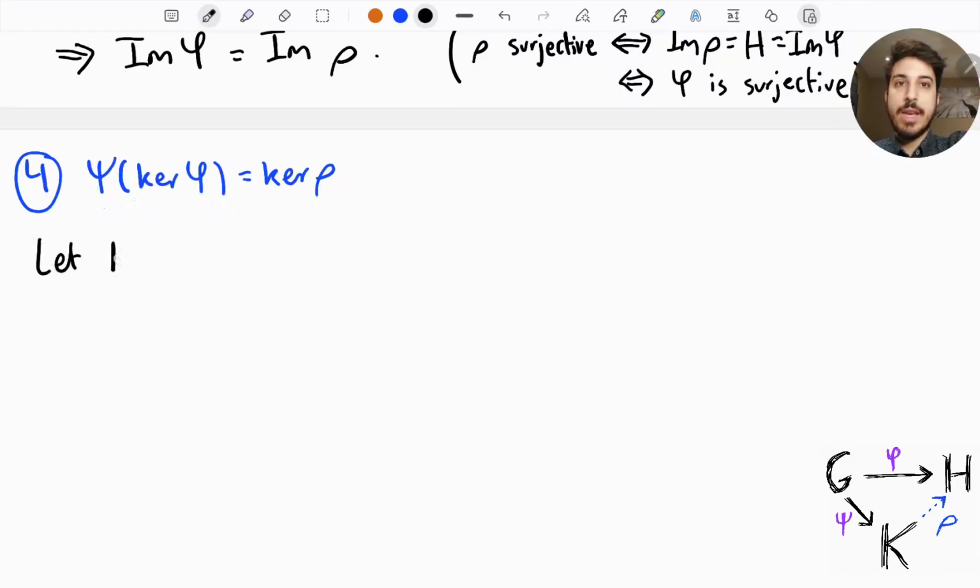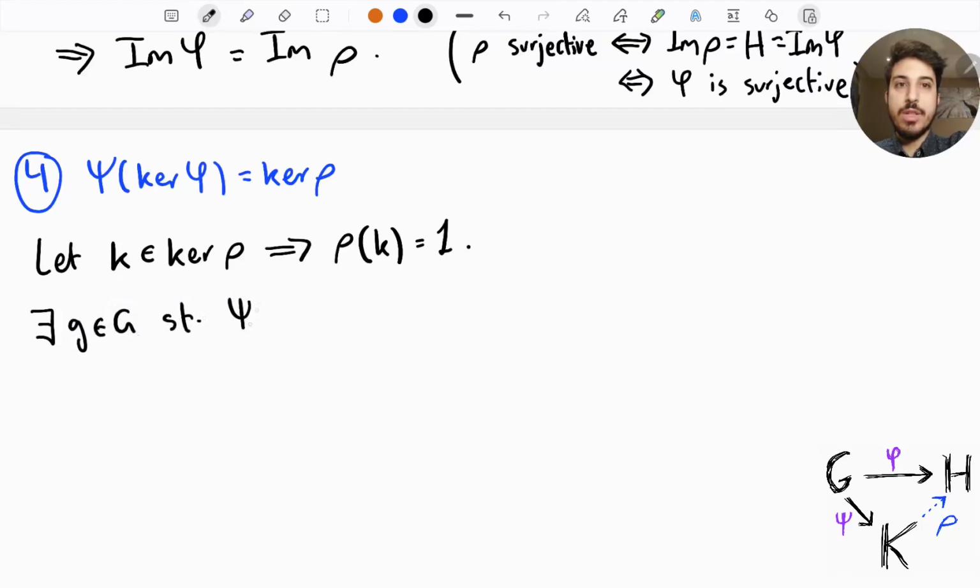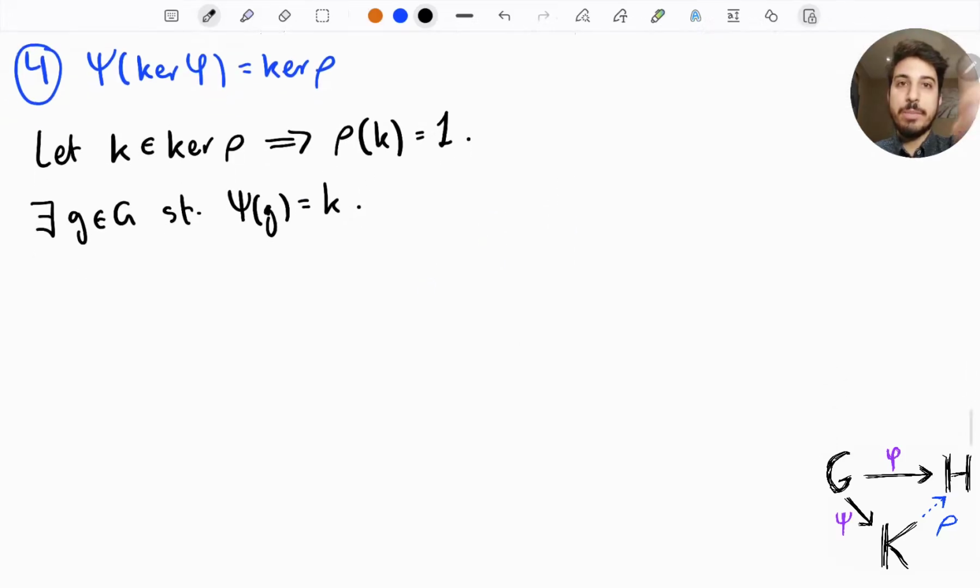So let k be an element in the kernel of rho. This means that rho of k is equal to the identity. There exists a g in G such that psi of g is equal to k, because, again, psi is surjective. Now, we know that this is true, so we're going to start with the identity, saying that this is equal to rho of k.